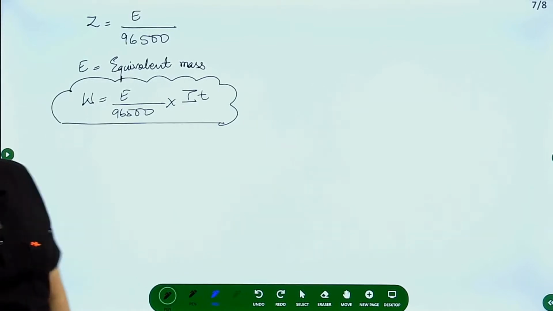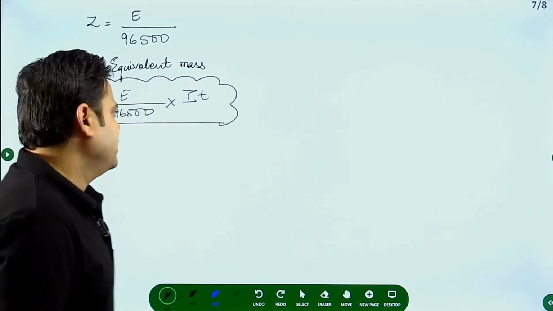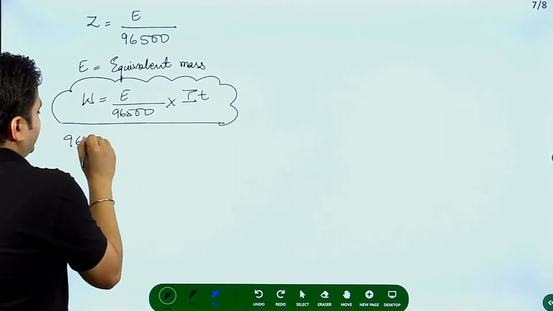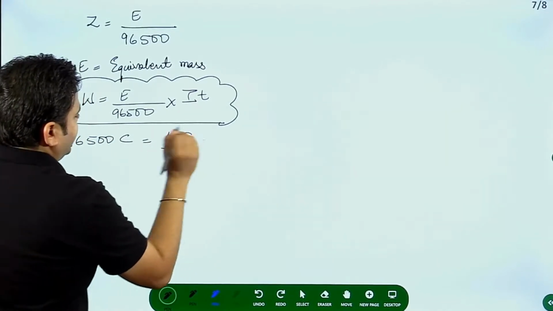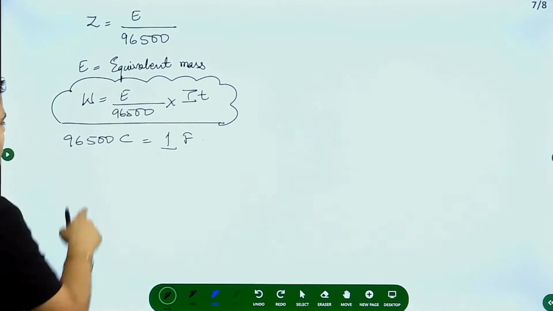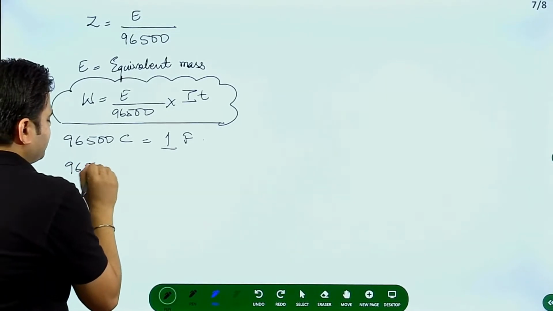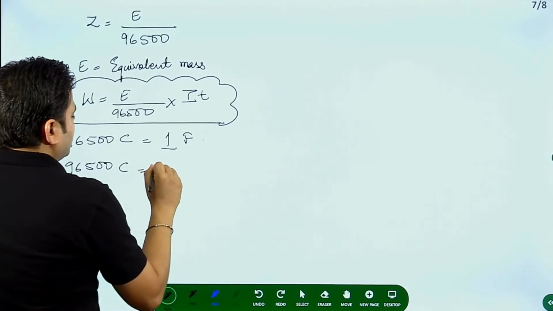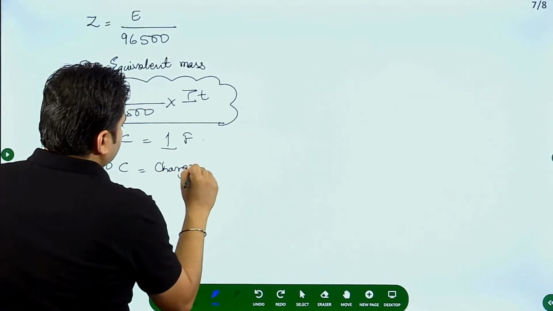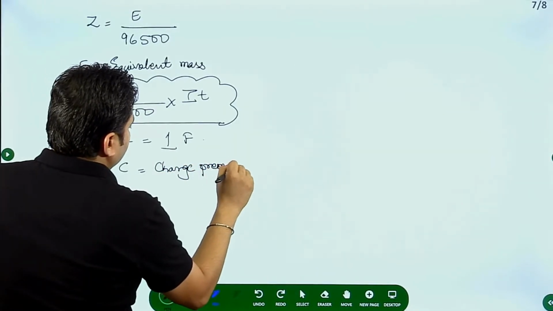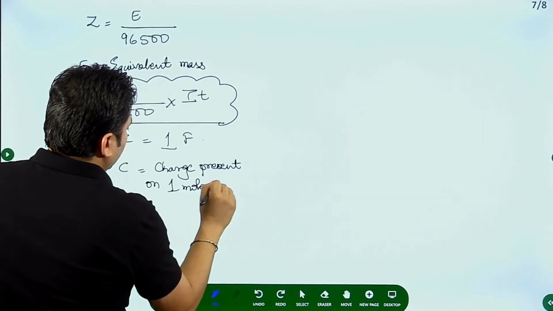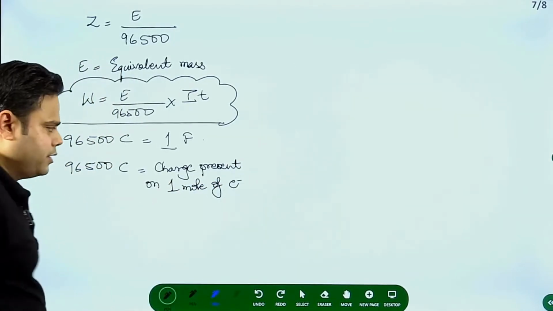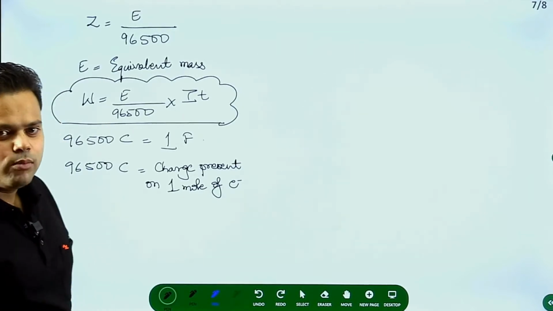अब ये 96,500 क्या है? Please remember that 96500 coulombs is equal to 1 Faraday. 96500 coulomb is equal to the charge present on 1 mole of electrons.